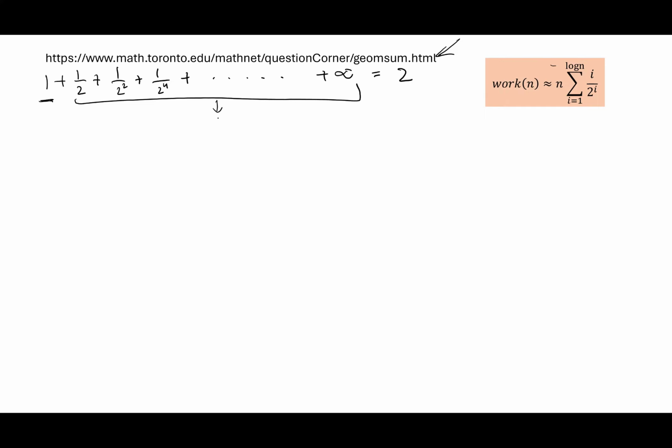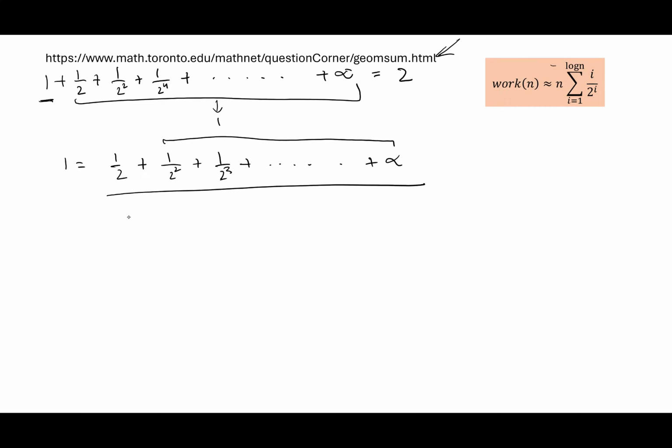This is 1. So can I write 1 equals half plus something like this, plus up to infinity? Okay, so now tell me, how much is this? Well, this whole thing was 1, right?